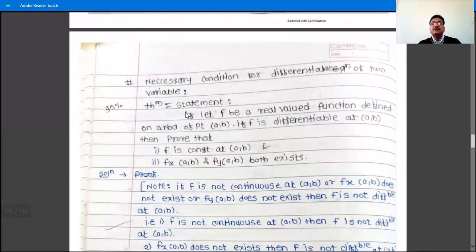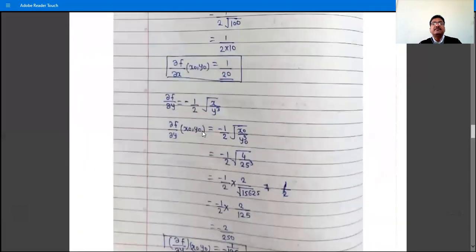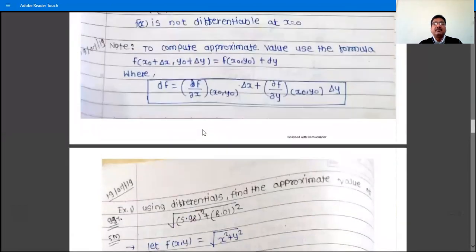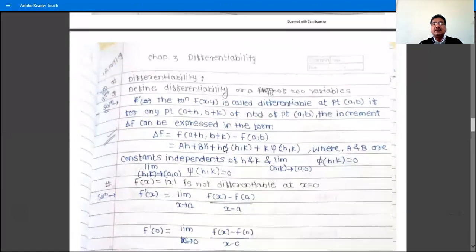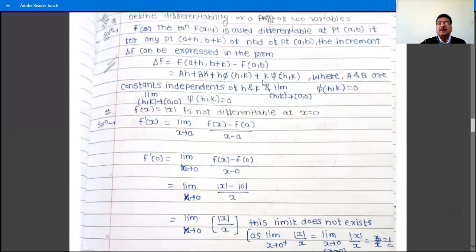Then the necessary condition for differentiability. When the function is differentiable, we know the definition of differentiability of a two variable function. The function f of xy is said to be differentiable at point (a, b) if f of a plus h, b plus k minus f of ab can be expressed in the form ah plus bk plus h phi hk plus k psi hk, where a and b are constants independent of h and k, and the limit of phi and psi tends to 0 as (h, k) tends to (0, 0).